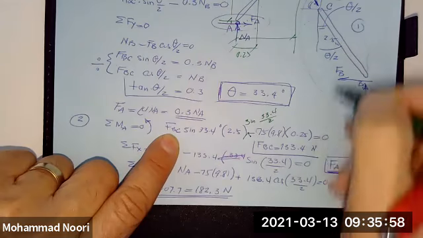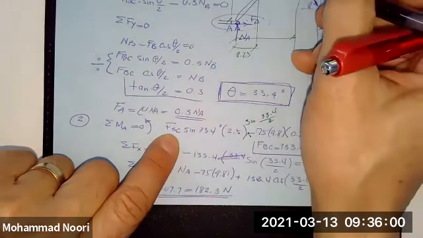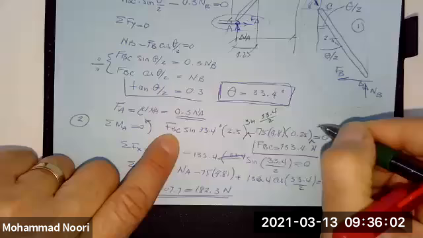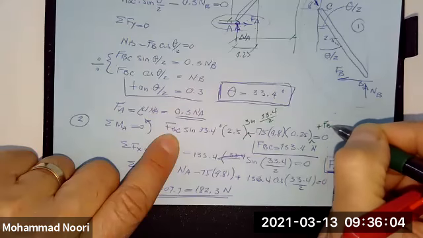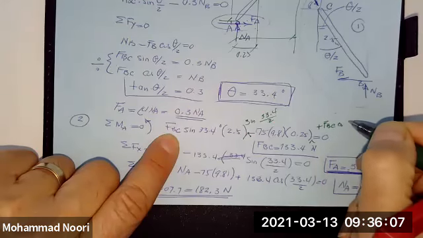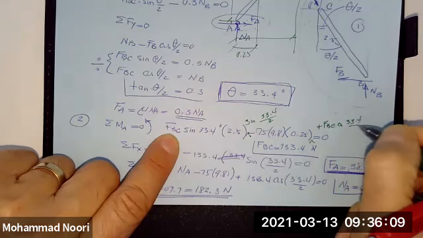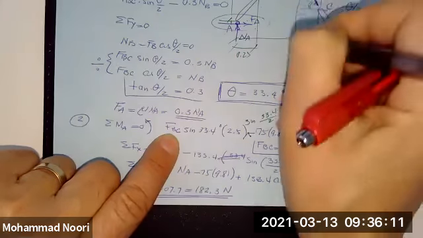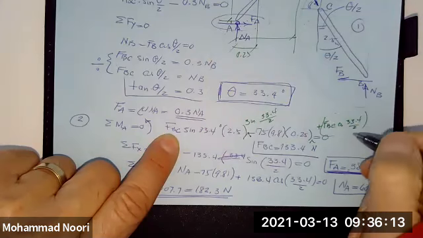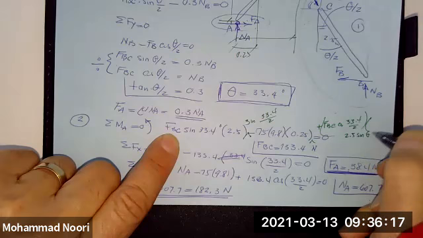I'm also missing another term, which is positive: plus FBC cosine of 33.4 over 2 times this distance, which is 2.5 sine of theta over 2.